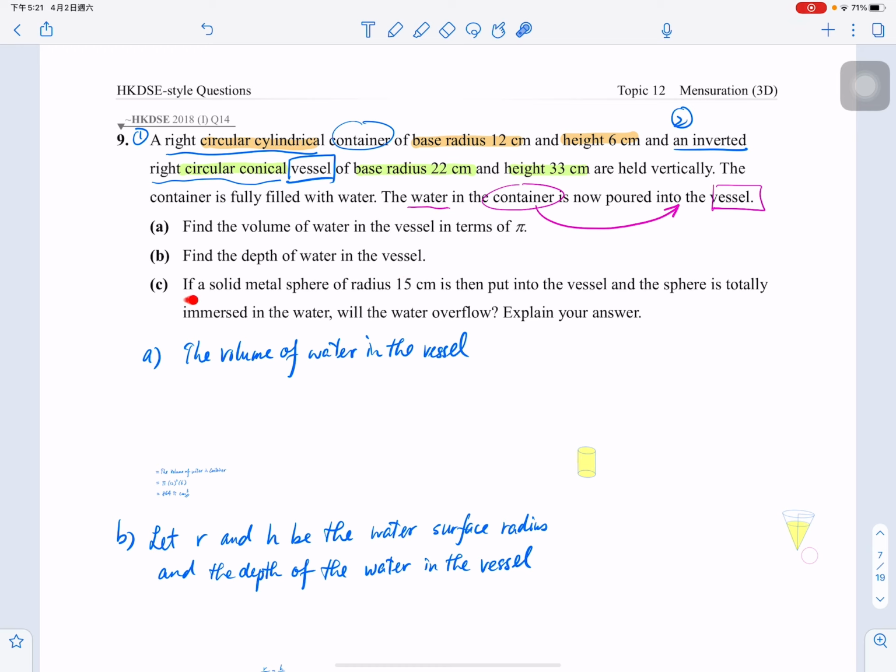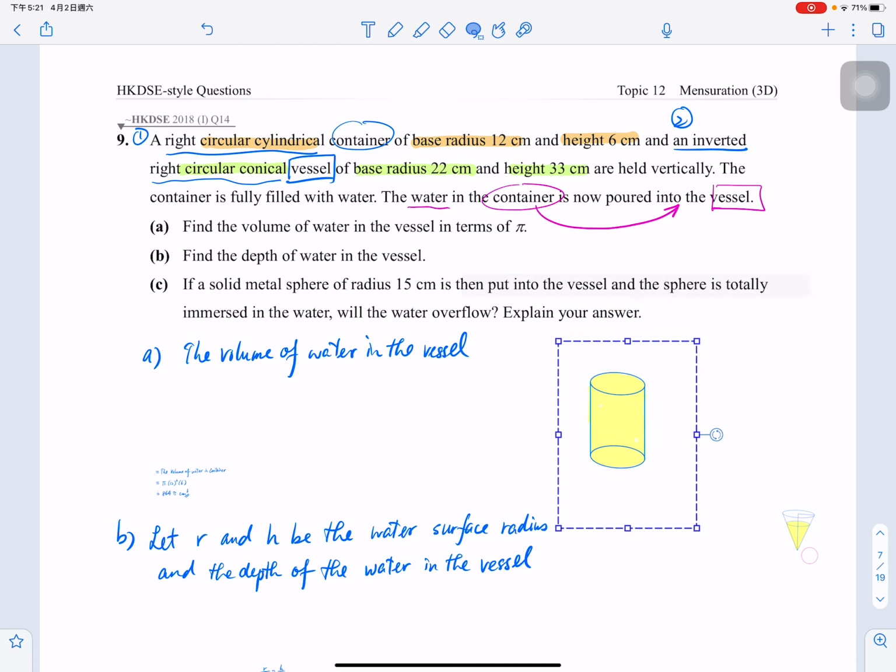And part C, if a solid metal sphere of a radius 15 cm is then put into this vessel and the sphere is totally immersed in the water, will the water overflow? Explain your answer. Okay, that means in part C we have a metal sphere also. So you can draw it. Draw what?